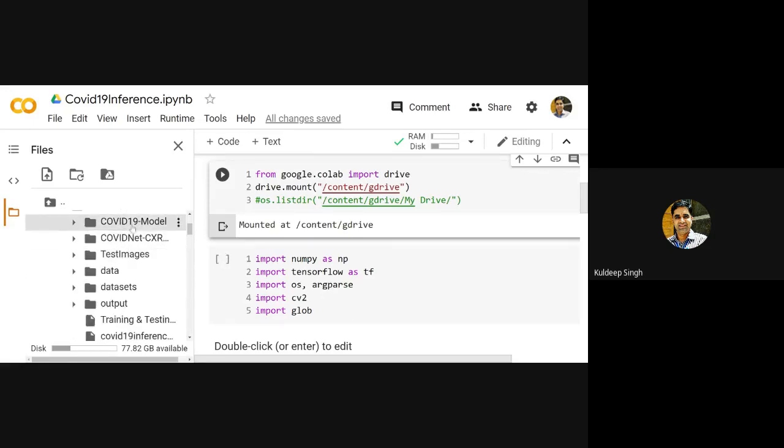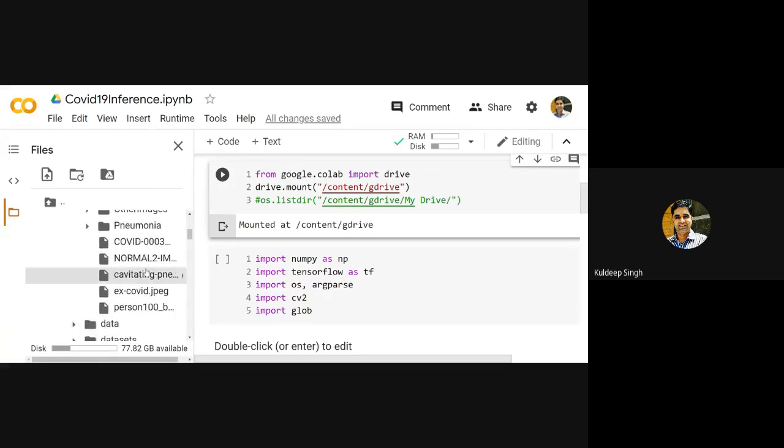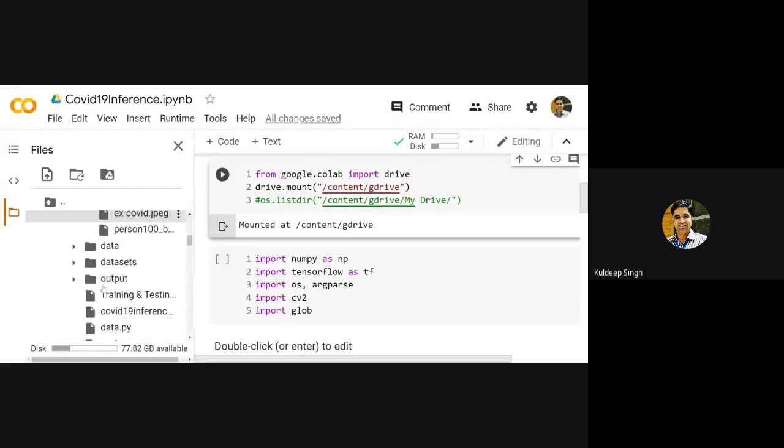Along with this COVID model, I have some test images. These are the test images in JPEG format or PNG format. I'll take these images while testing. I'll define the path of these images in my script to infer the results. Also, I have some data sets which I used during my training of this model.